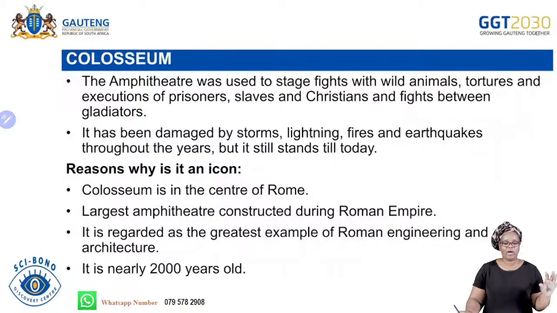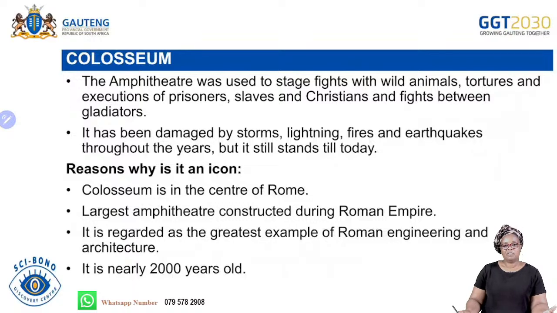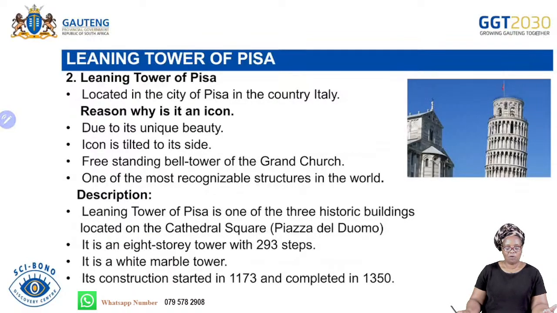And when you look at it from the remains, you can see that it is one of the greatest examples of the Roman engineering and architecture. You can see how it was developed. So that's why people always now want to go and see the great Roman engineering and architecture. It is nearly 2,000 years old. It's an old icon.